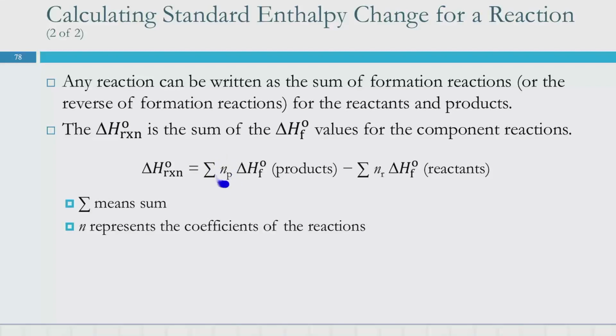So we're adding up the coefficient times the standard heat of formation for one of our products, plus the coefficient times the standard heat of formation of another product, plus the coefficient times the standard heat of formation of whatever other products we have, as many of those as we have. So adding all of those up, we'll get one number out from that, and then we're going to subtract our sum for our products.